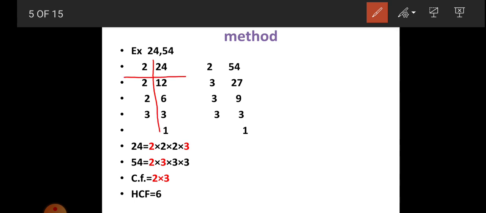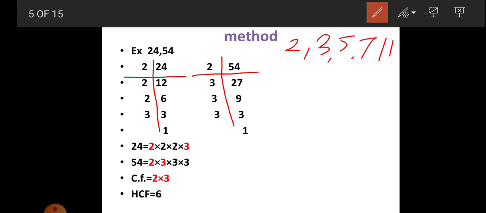Now for the HCF of 24, we divide the number only by prime factors. The first five prime numbers are 2, 3, 5, 7 and 11.